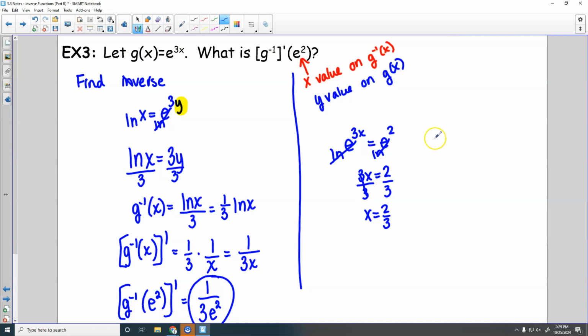So the point 2/3, e squared is on g of x here.